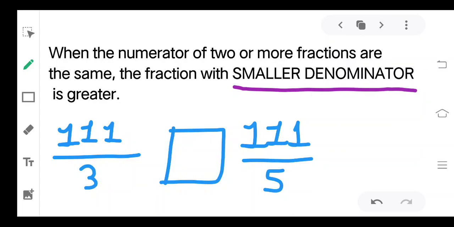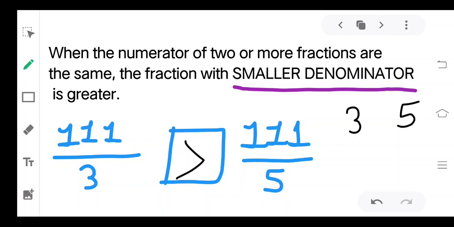Now we have to compare the denominators, and when the denominator is smaller, that fraction is greater. So here 3 and 5. In this, 3 is less than 5. So we can say that this fraction is greater than the one with 5.